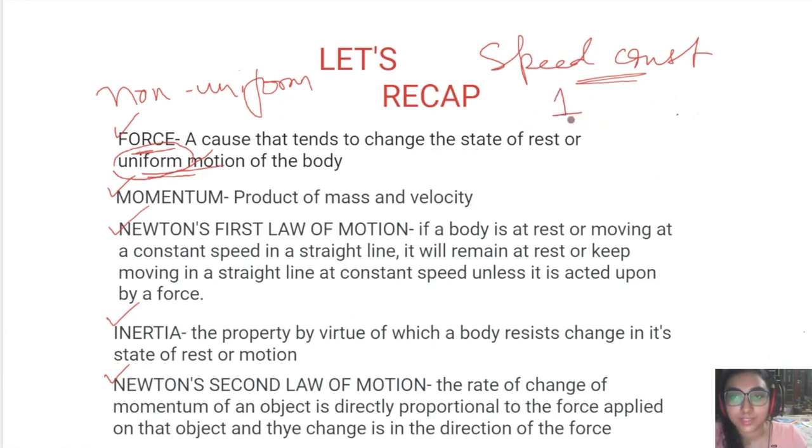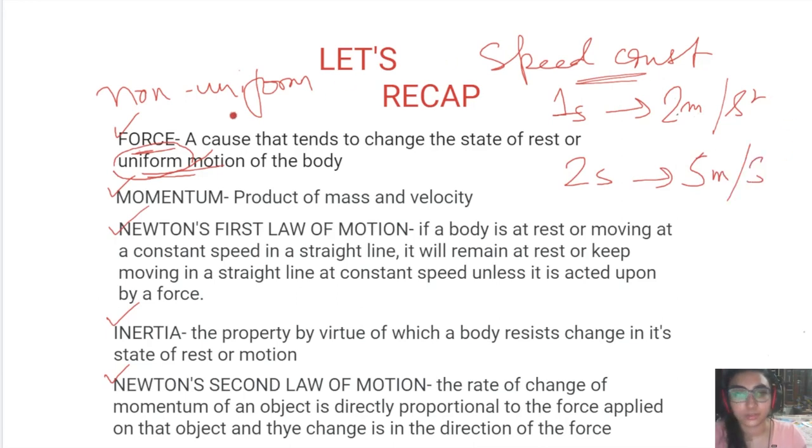So if in 1 second the car was going, for example, at a speed of 2 meters per second, then after 2 seconds it is going at 5 meters per second. Sorry, not second square, it will be per second because the unit of speed is meters per second.